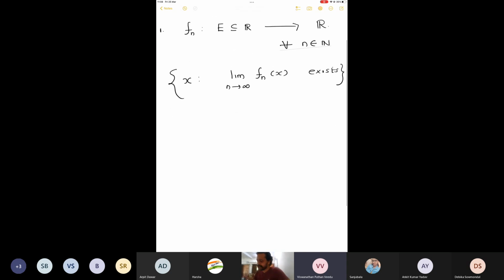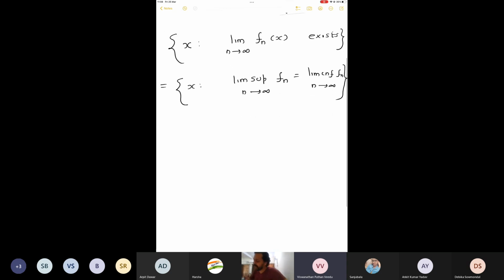And you know that the limit exists if lim sup equals lim inf. So what you are interested in is the collection of all points for which lim sup fn(x) is equal to lim inf fn(x), to be more precise. This is the set of interest. And we are done.